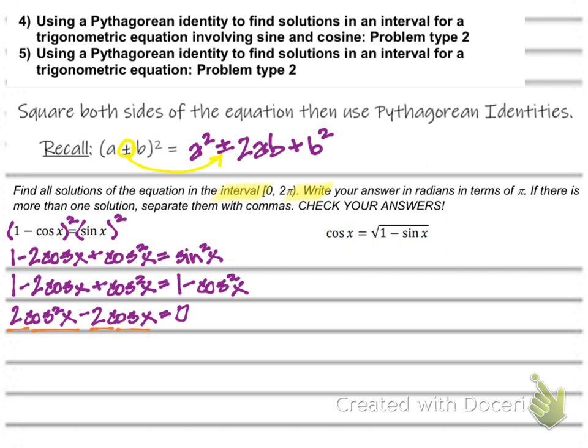So I can factor that out. 2 cosine x times cosine x minus 1 equals 0. So if 2 cosine x is 0, that means cosine x is 0. If cosine x minus 1 is 0, that means cosine x is 1.